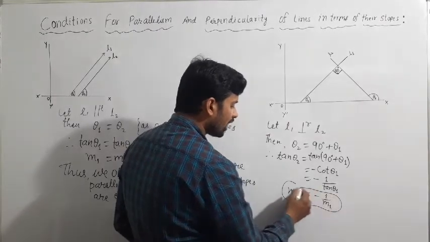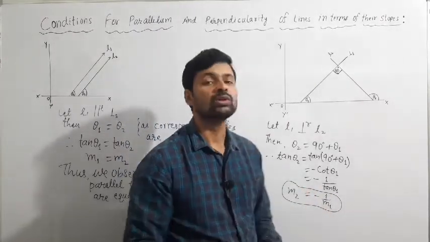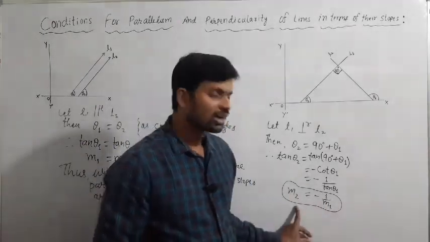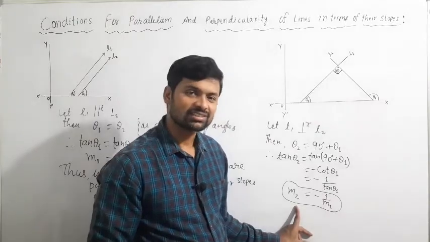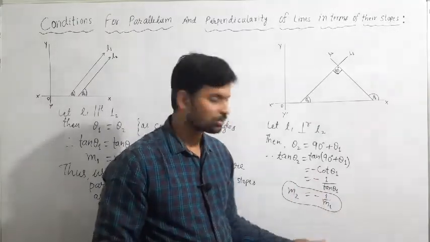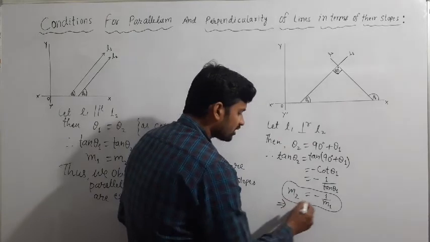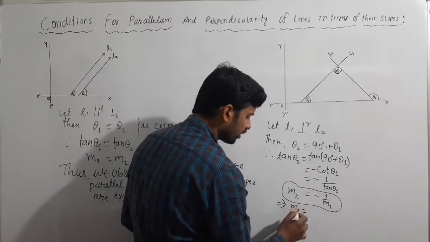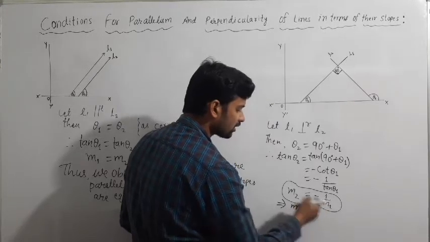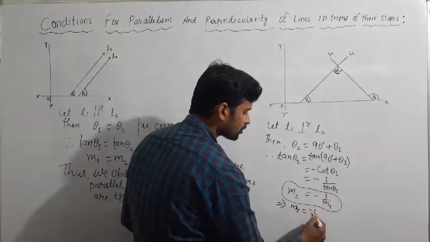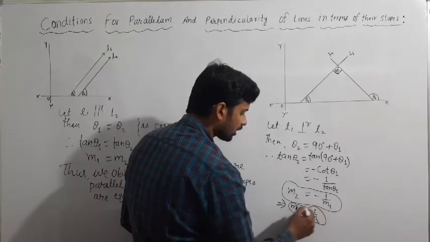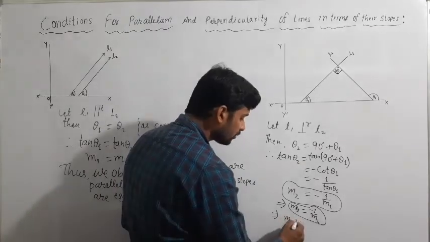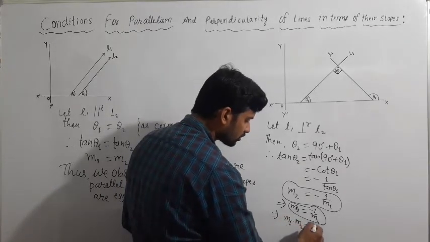So if two lines having slopes m1 and m2 are perpendicular to each other, then their slopes are negative reciprocals of each other. We can write m1 equal to minus 1 by m2, or m1 into m2 is equal to minus 1.